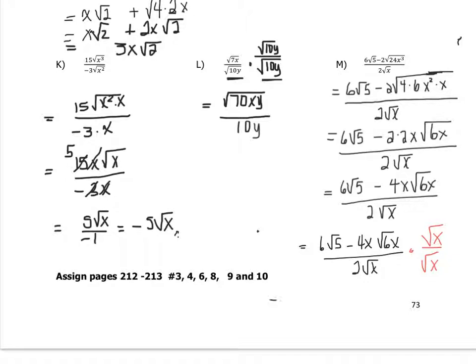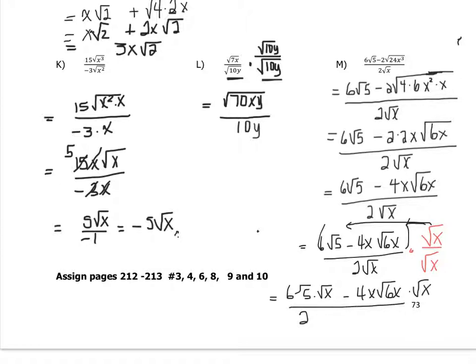And you're going to basically multiply the root x by both of these. So the 6 root 5 will get multiplied by the root x, and the 4x root 6x will get multiplied by the root x, all over 2 root x times root x, which is going to be just 2 times x.